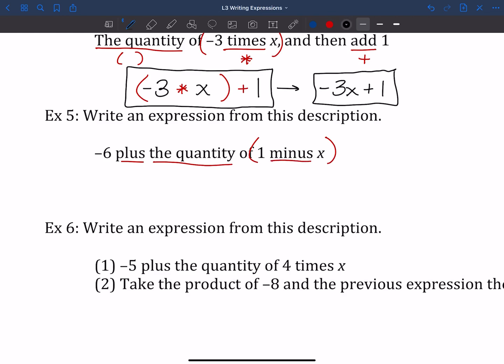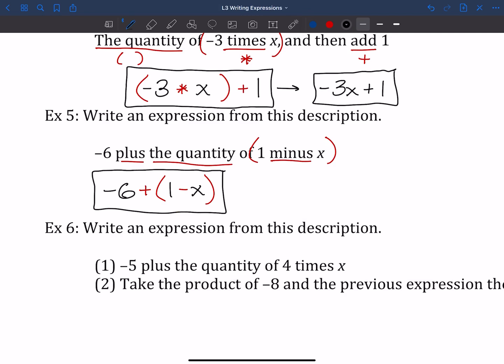So writing that out, we've got -6 plus the quantity of 1 minus x. And that is really all we're looking for there. We can't actually fix anything else with this. This is as simple as this answer can get. We are happy with it just like that.